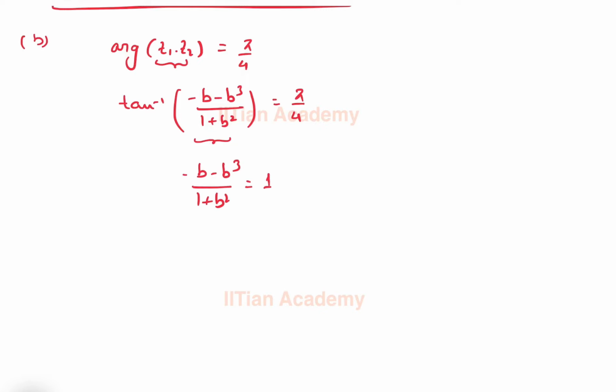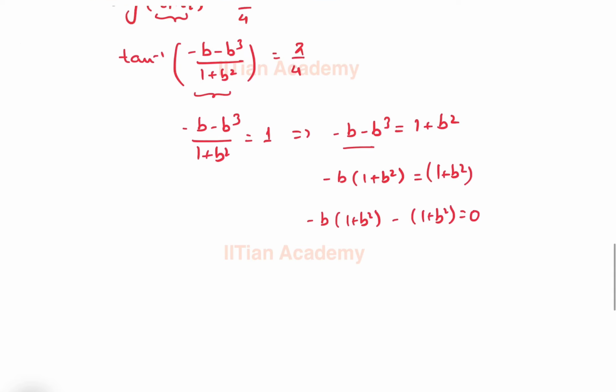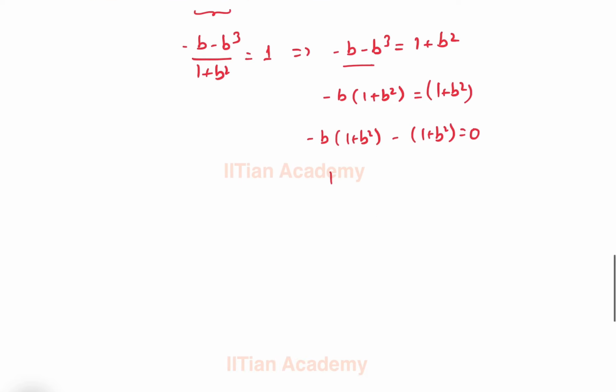So minus b cube divided by 1 plus b square equals 1, so minus b cube equals 1 plus b square. Here we can take minus b common, so we get minus b into 1 plus b square equals 1 plus b square. Taking this to the left, minus b into 1 plus b square minus of 1 plus b square equals 0.